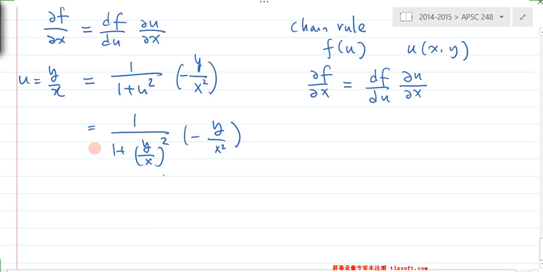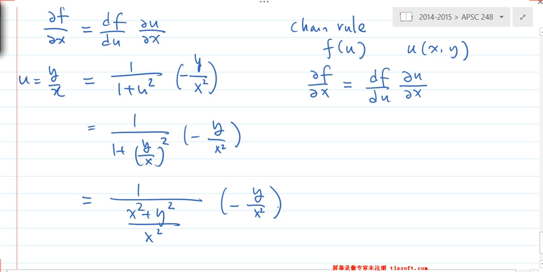So you don't take a partial derivative of this with respect to x immediately. Simplifying it means, here, what's this? This is 1 plus y squared over x squared. So this is actually this, right? Okay?